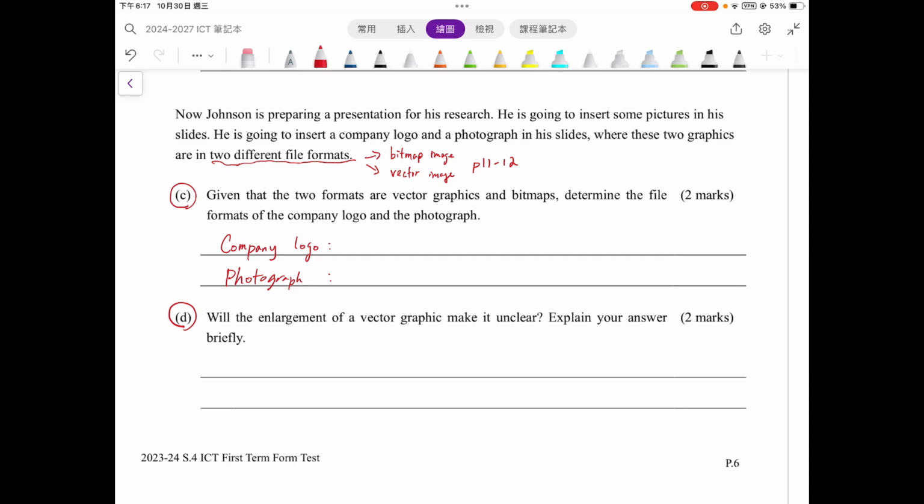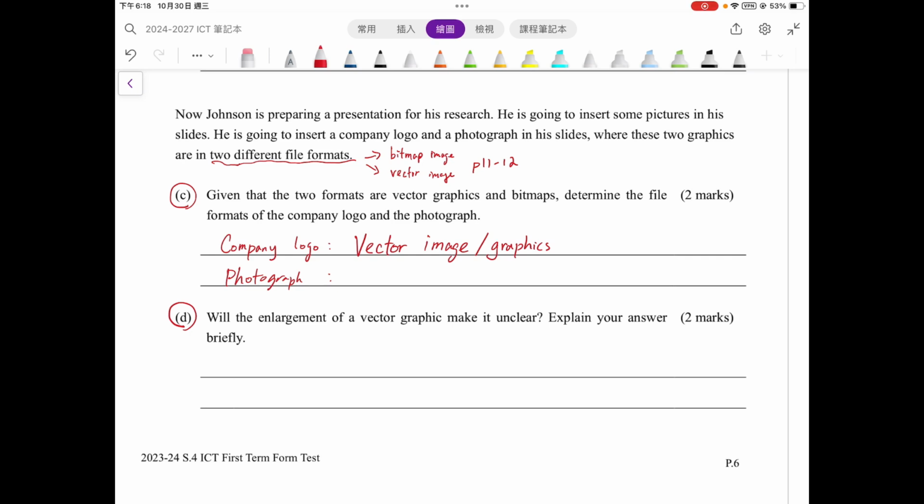Because this is also a kind of image of the company. So very obvious. Company logo, we always make them into a vector image, or in the question they use the word graphics, so we just follow graphics. Okay, so they should be in vector form.